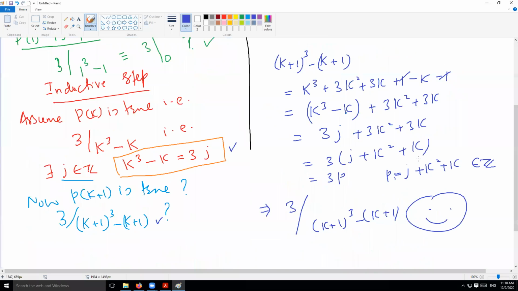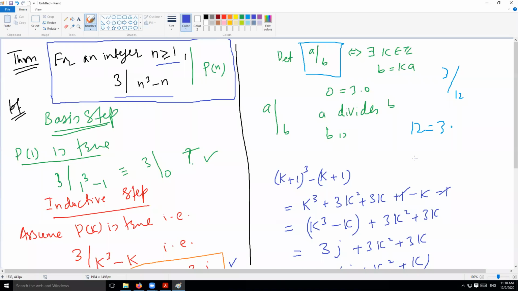Is there a question? Otherwise, I think these are enough examples of the principle of induction. We did divisibility problems, we proved identities, we proved inequalities through the principle of induction, and we can get a lot of benefits out of it.